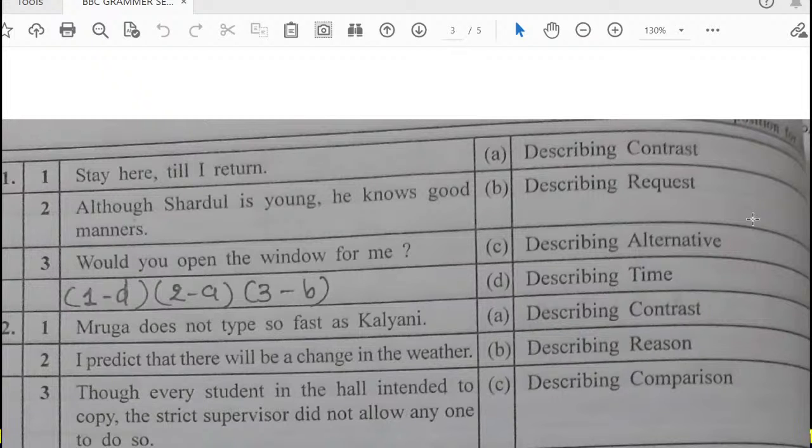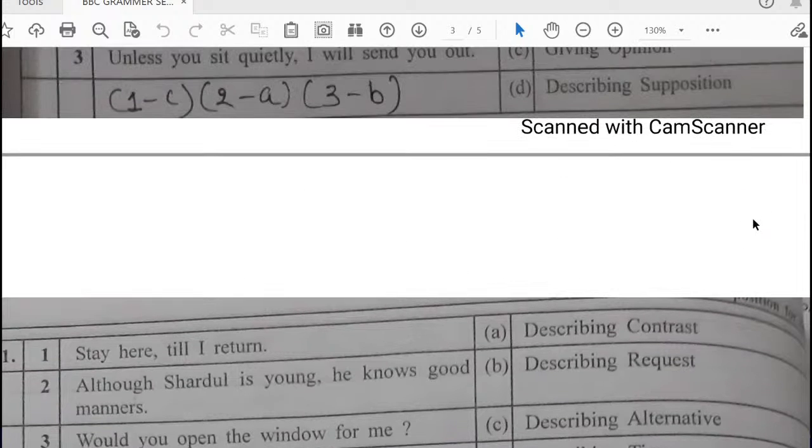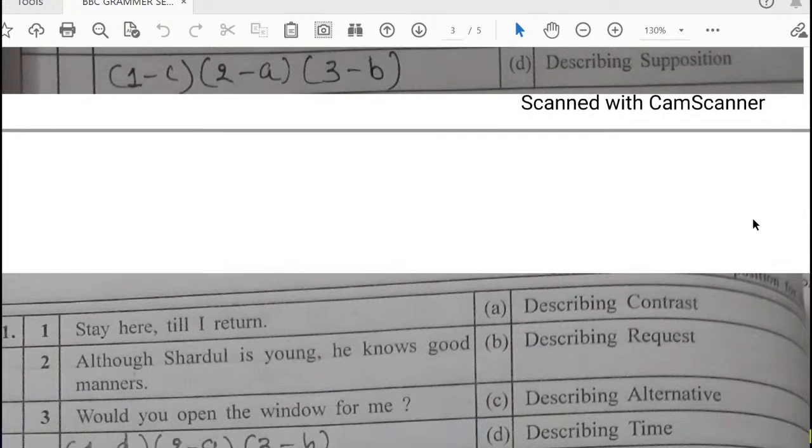Stay here till I return. Four options are given: A. describing contrast, B. describing request, C. describing alternative, and D. describing time.